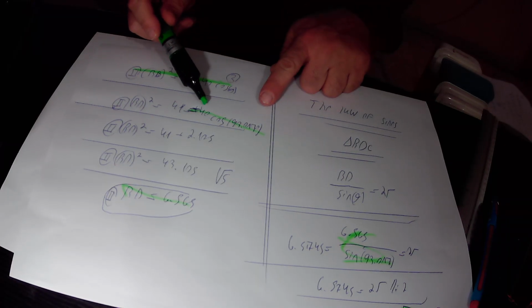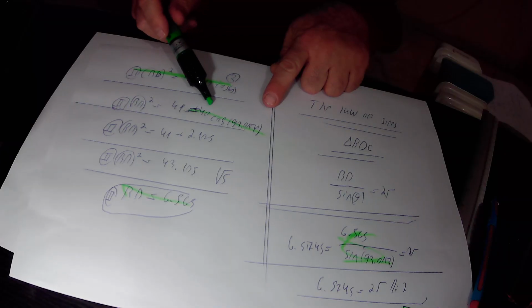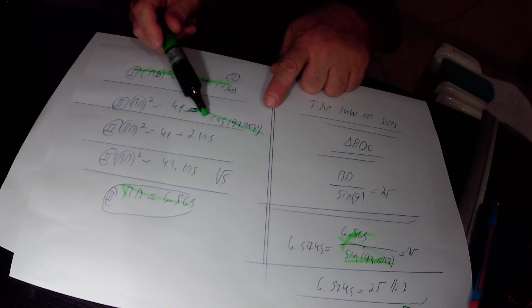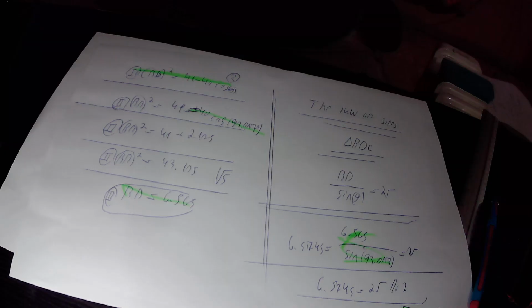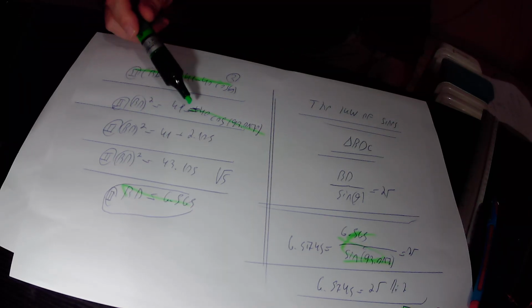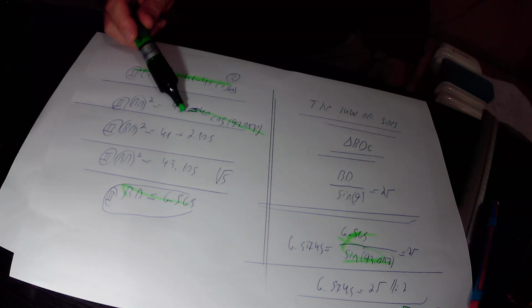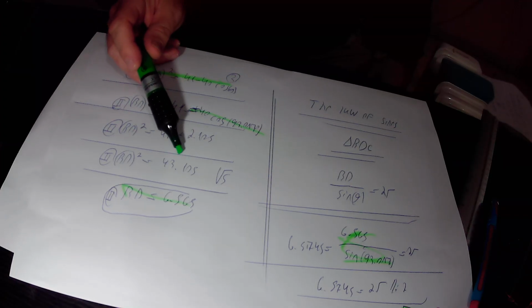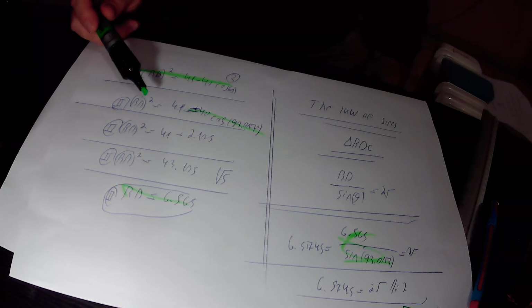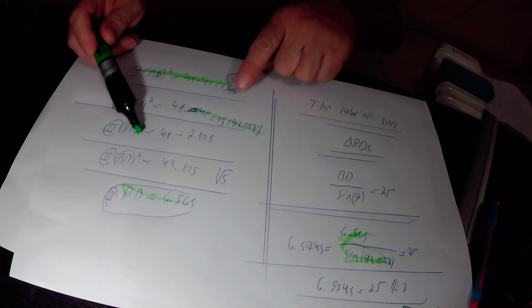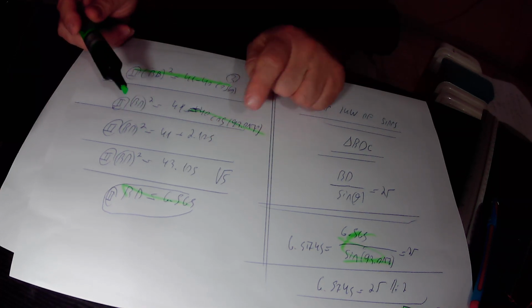The value of this expression equals 2.105. So BD squared equals 41 plus 2.105, which equals 43.105.